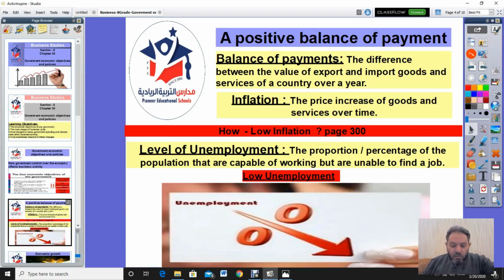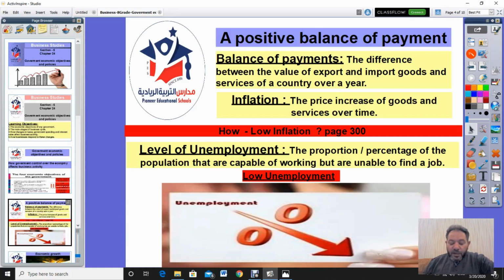How about low unemployment? All governments want their country to have a low level of unemployment. Why? Because a government wants as many people as possible to have a job. They contribute to the total output of the country and improve economic growth.